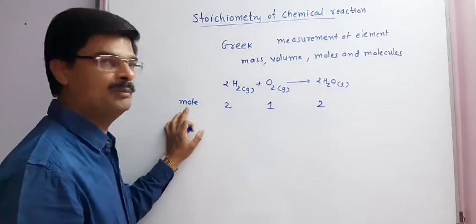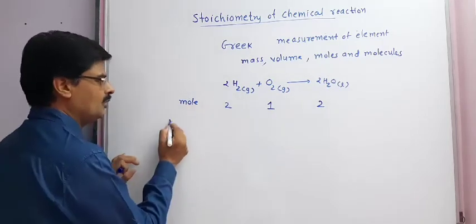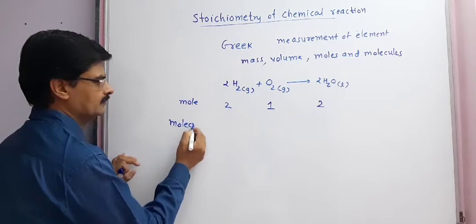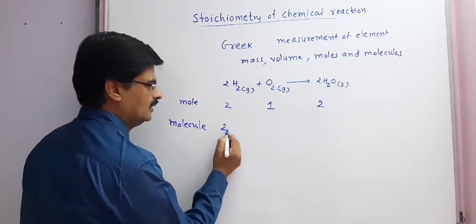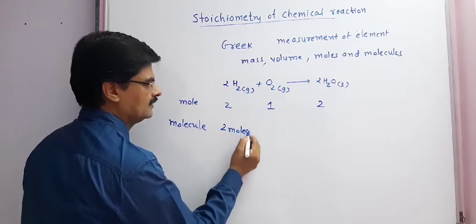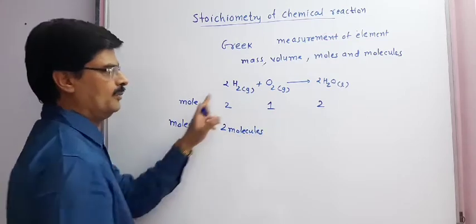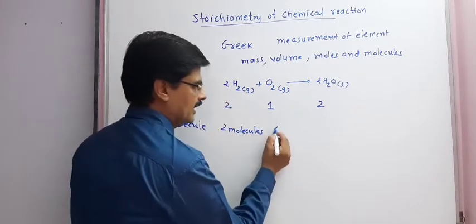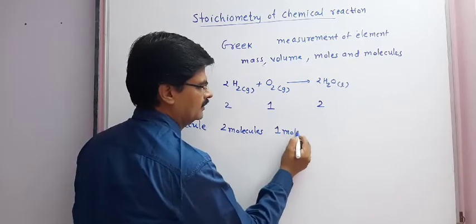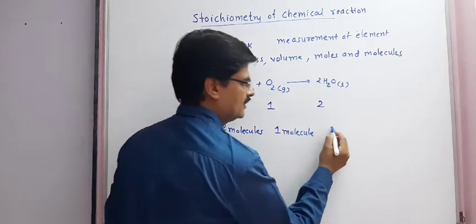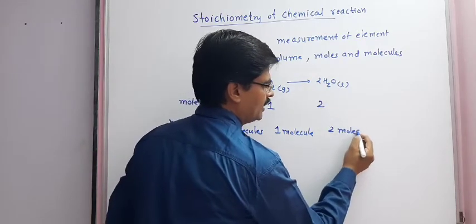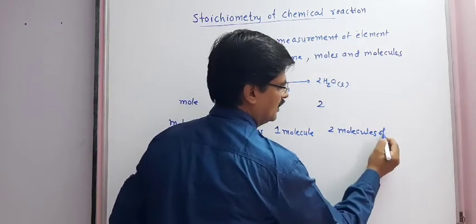This is in terms of mole. Now in terms of molecule, we can say 2 molecules of hydrogen gas and 1 molecule of oxygen gas produces 2 molecules of water.